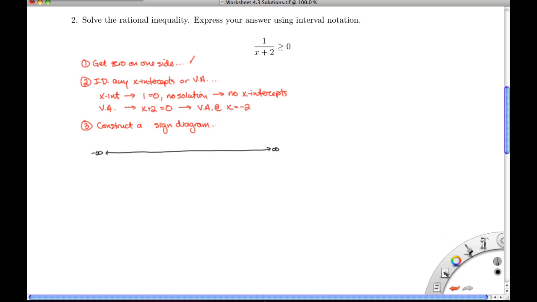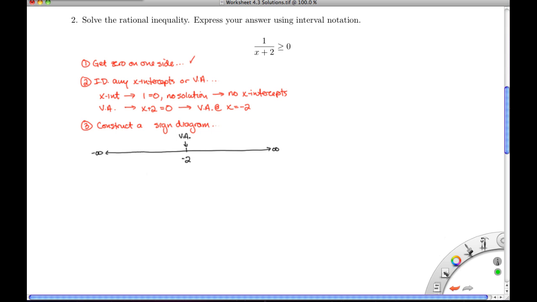And on this sign diagram, we're going to mark the x-intercepts and the vertical asymptotes. So that's why we found those in step 2. In this case, we've only got one thing to plop down, which is the negative 2. I'm going to make a note of what this actually is, and that this is a vertical asymptote. So our function actually doesn't exist there, but it is definitely a marker that we want to use.